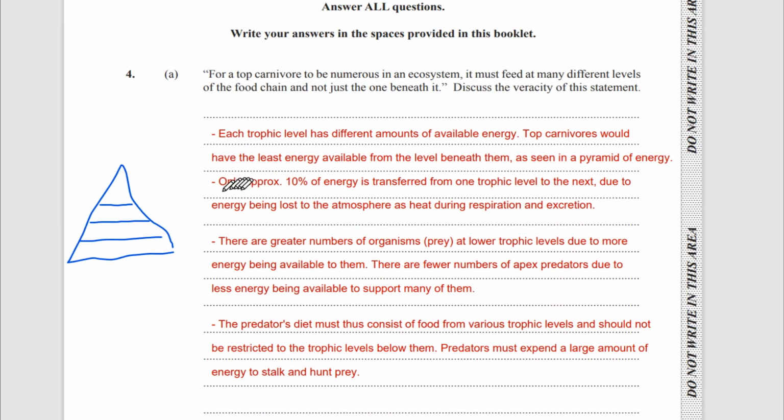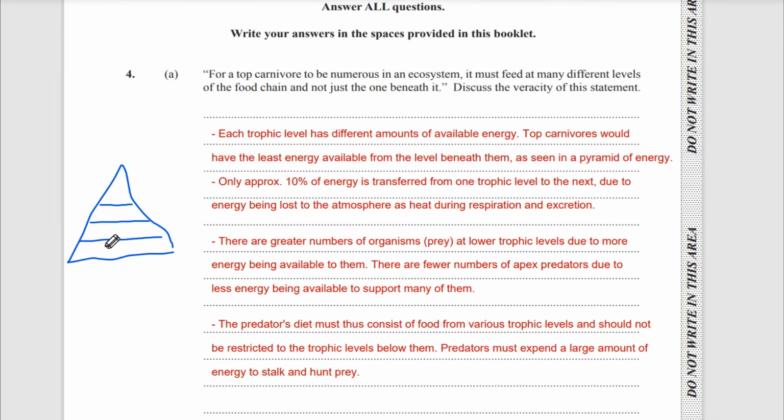And this is because only 10% of the energy is transferred from one trophic level to the next. Because each time energy is being transferred, approximately 90% is lost to the atmosphere. This occurs due to heat loss during respiration and excretion. So the 10% actually passes on through each trophic level.